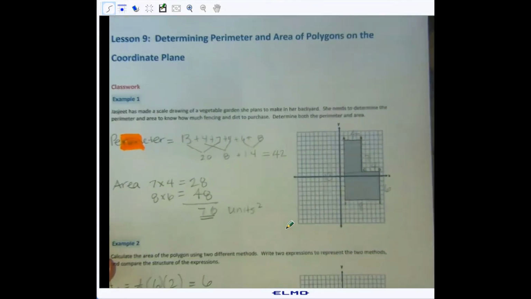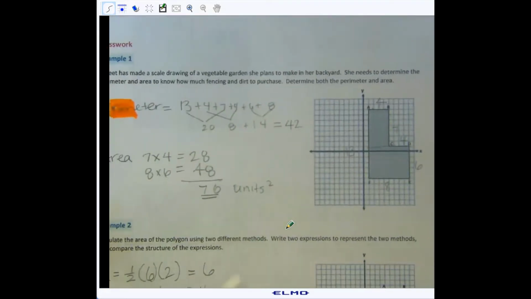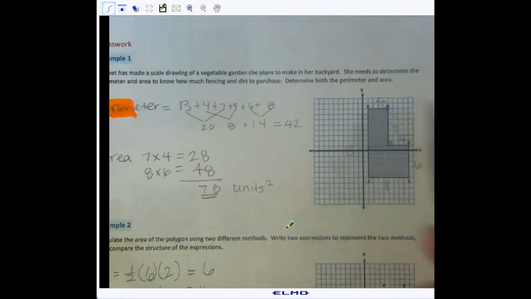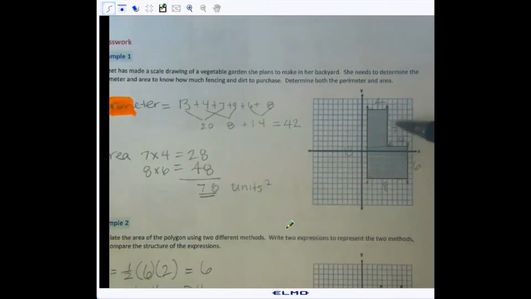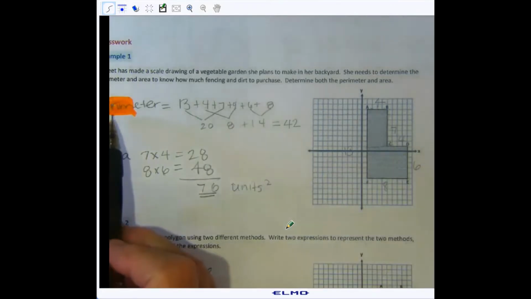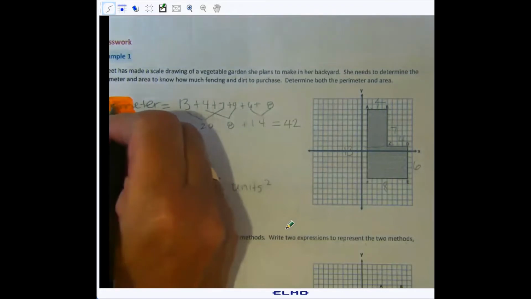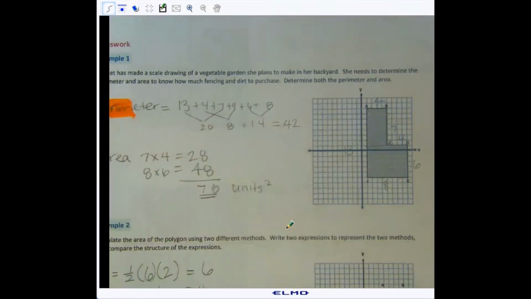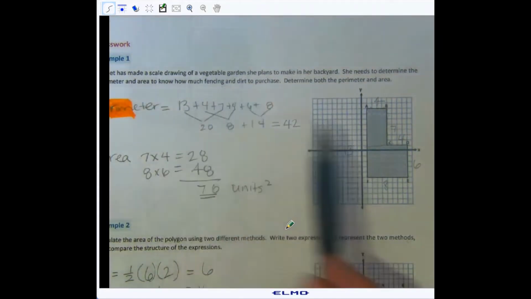That's better. So it's 4 from A to B, 7 from here down, 1, 2, 3, 4, 5, 6, 7, another 4, 6, 8, and 13. So to calculate the perimeter, you are going to add up all those sides.